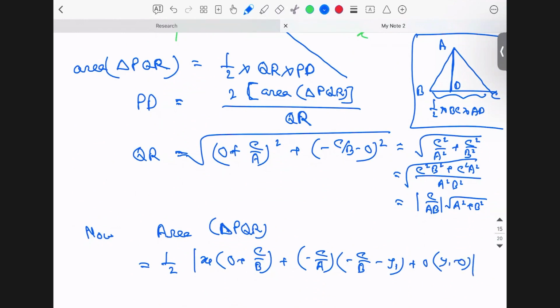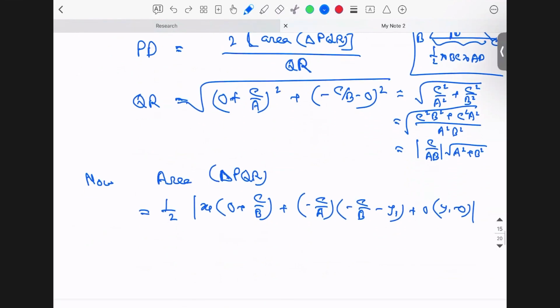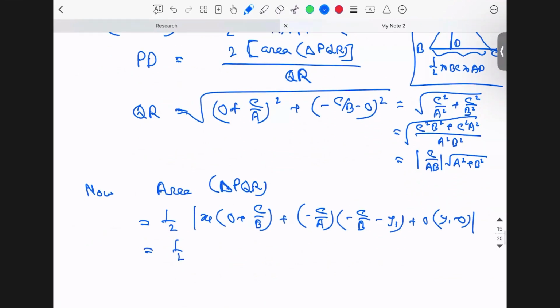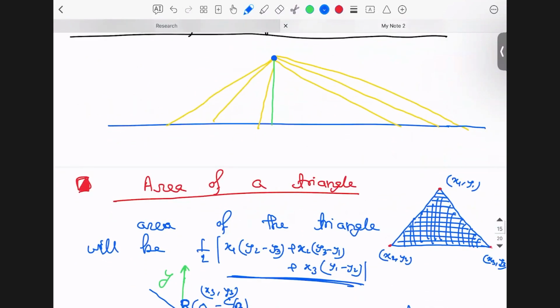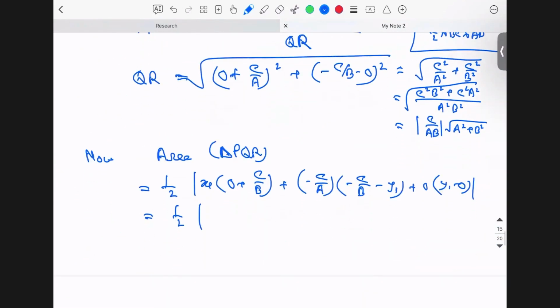Okay, so this part will vanish, obviously. So we are left with modulus of Cx1 divided by B plus C square by AB plus y1 C by A.